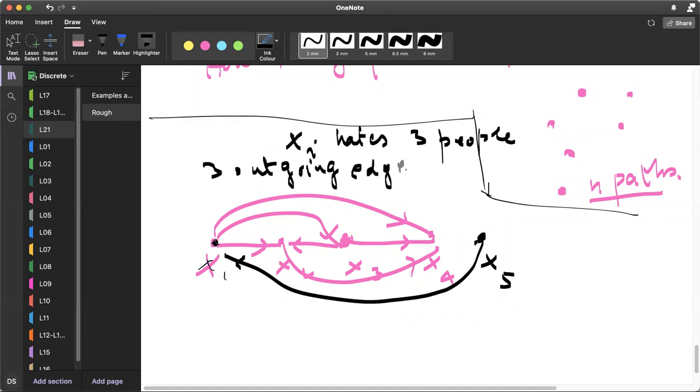Now अब x2 के लिए मैंने सिर्फ एक outgoing edge बनाया, which means that I can add an outgoing edge here, and this will make sure that x5 is not in the same committee as x2. x3 से मैंने 2 outgoing edge बनाए हुए हैं, which means I can add one more edge, and this will make sure that x3 cannot be in the same committee as x5. x4 से मैंने कोई outgoing edge नहीं बनाया है ना, so which means that I can add an edge here, and this ensures that all 5 of them must be in 5 different committees.